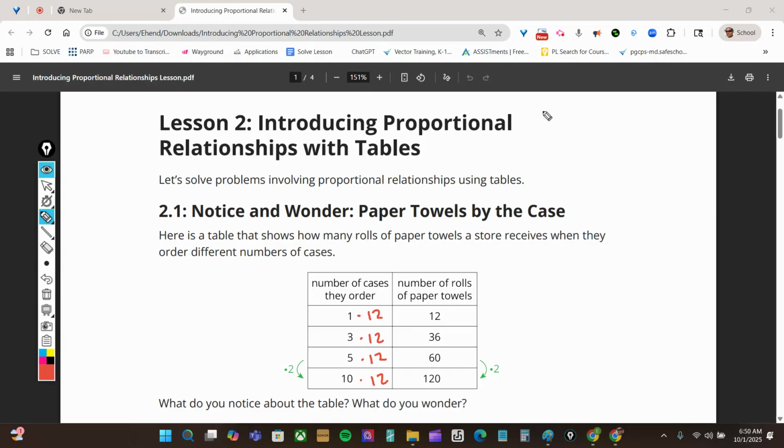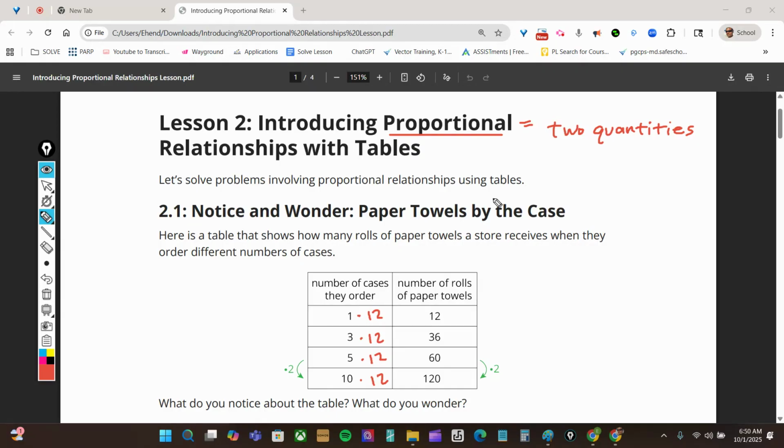So the proportional rule: something is proportional when we're talking about two quantities, two things we're comparing.